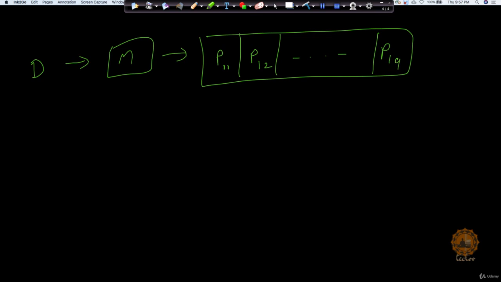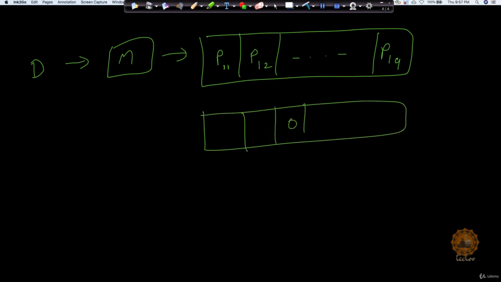Now, think about it this way. Let's say I got a probability of 1 for class 3, and for the remaining it is 0, because the sum of the probabilities should be 1.